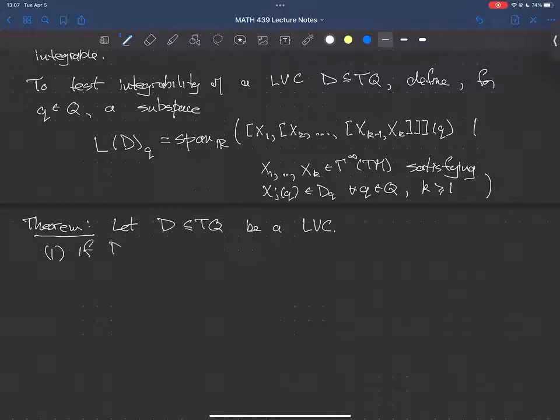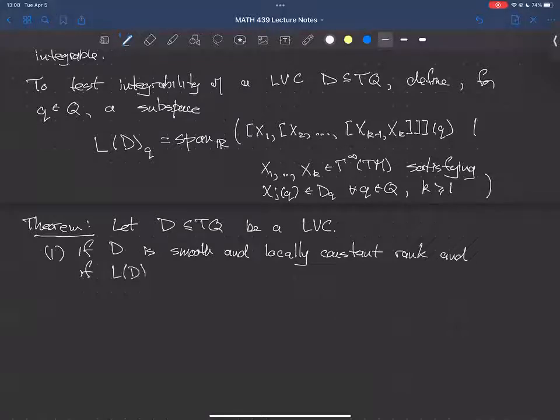If D is smooth and locally constant rank, and if L of D at q is equal to D at q for every q, then D is integrable.